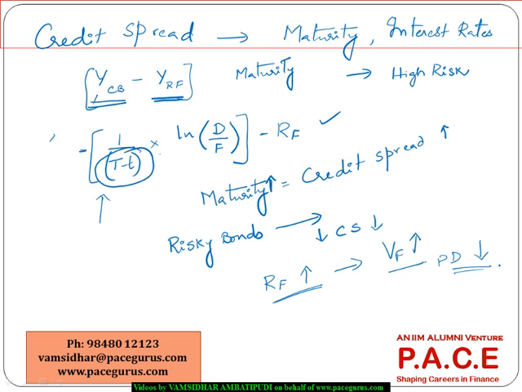The value of the firm increasing means the probability of default is decreasing. So the credit spread will become narrow. So we have to understand the relationship of the credit spread: how is it linked with your maturity? How is it linked with the interest rates also?